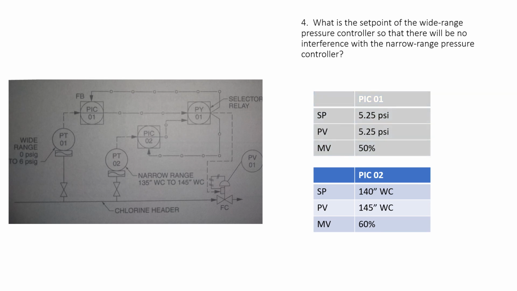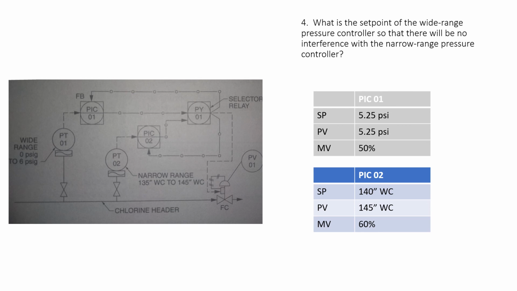And when that happens, PIC01 is no longer active, so its output doesn't go anywhere. PIC02 is now under control. This transfer works well because PIC02 has been doing its thing the whole time. It's been reading the error, it's been reading the integral, it's been providing an output.